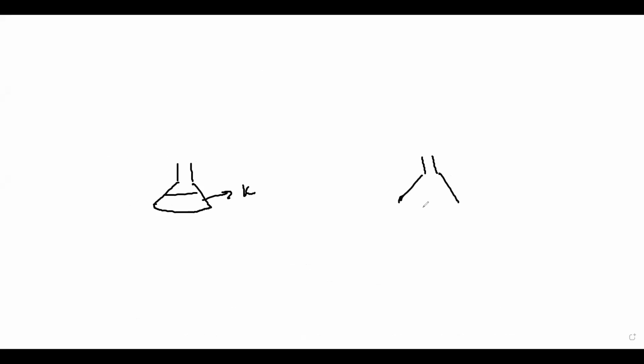And we add the two indicators, the methyl orange and thymolphthalein. And from the burette, we are adding HCl. Equal amounts of solution L and K. Solution K was 25 cm cube.